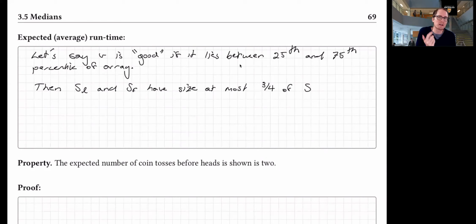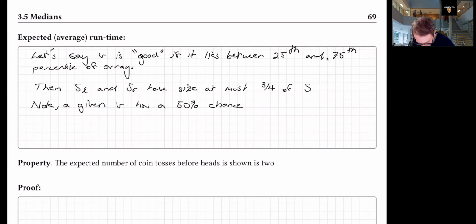But we're just trying to figure out a bound on how fast this runs. Now notice, since it's between the 25th and the 75th percentile, we have a 50% chance of getting a good V on any random selection of a V out of the array. So note, a given V has a 50% chance of being good.